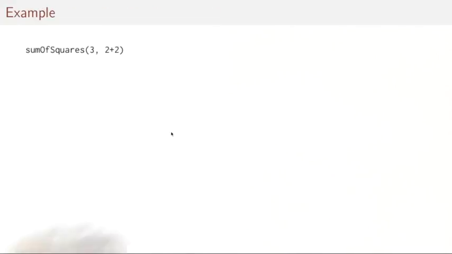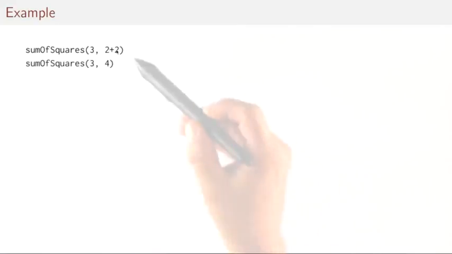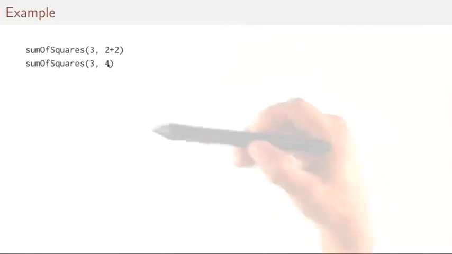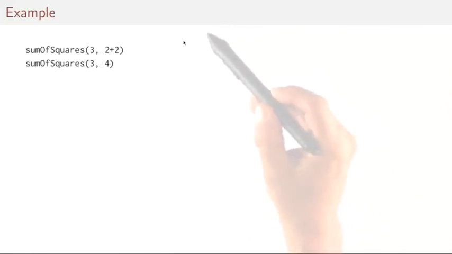Let's see how this works in an example. We start with sumOfSquares of 3 and 2 plus 2. The 2 plus 2 gets rewritten to a value 4, and we have sumOfSquares 3, 4.